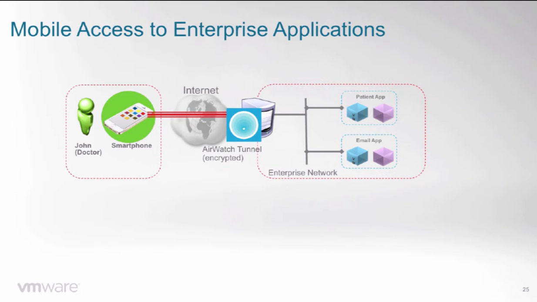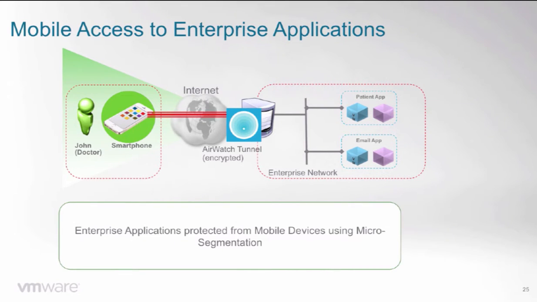The last piece of this puzzle, though, is the data center side. So even though we've secured John's smartphone at the app level and allow him access into the applications that he needs, there's still some vulnerability inside of our data center.